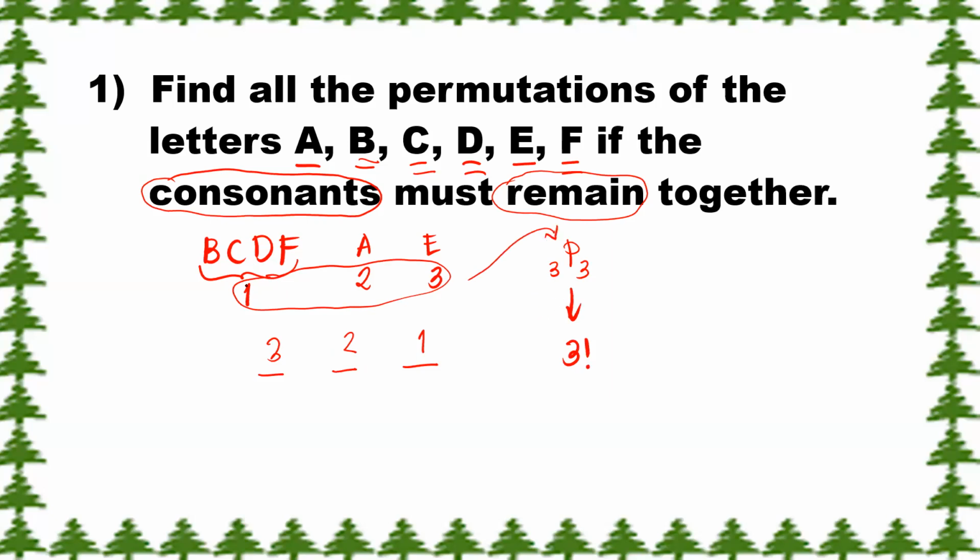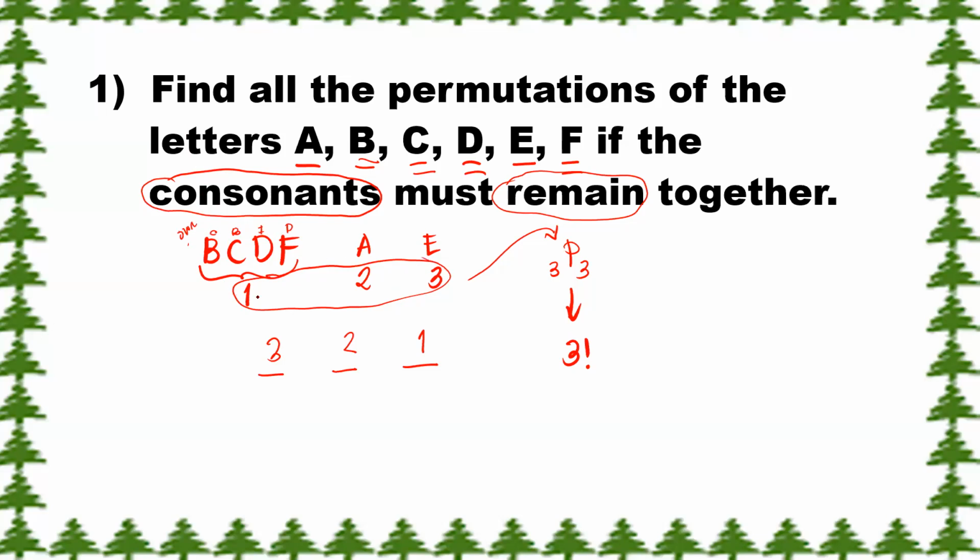But remember that even if we consider them as 1, pwedeng magbago yung pwesto nila. Pwedeng nandito si B, pwedeng si C, nandito si B, nandito si F, nandito si D, and so on. So, aside from this, they also have their own arrangement.